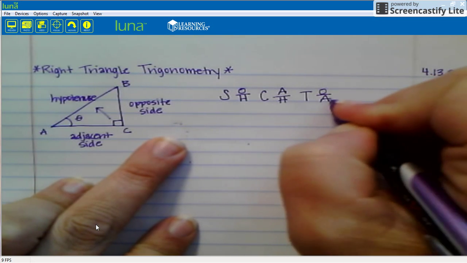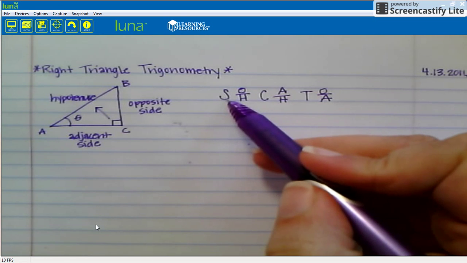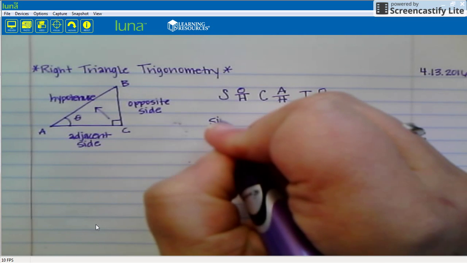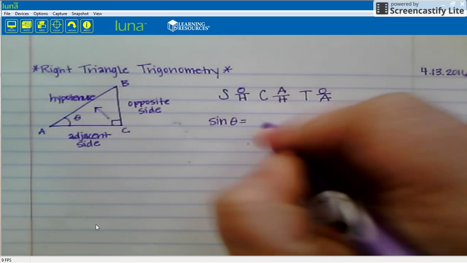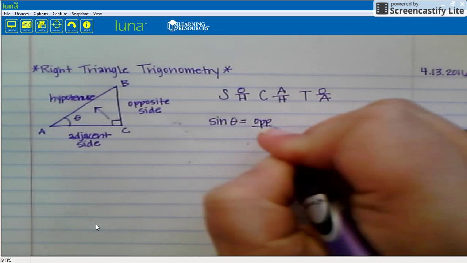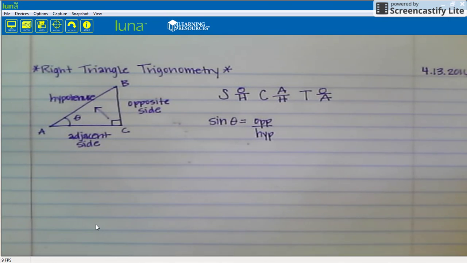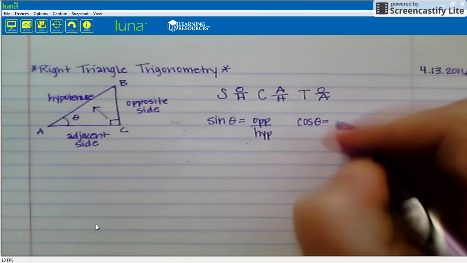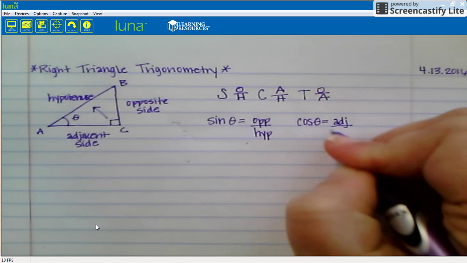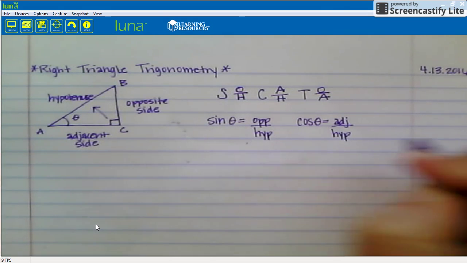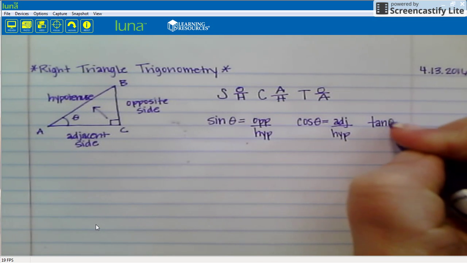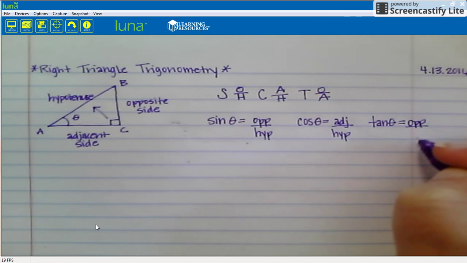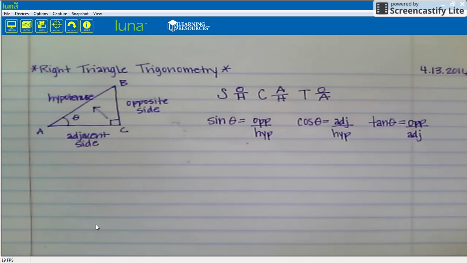The sine of theta is equal to the opposite side over the hypotenuse. The cosine of theta is equal to the adjacent side over the hypotenuse. And the tangent of theta is equal to the opposite side over the adjacent side.